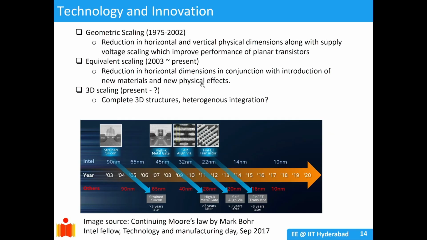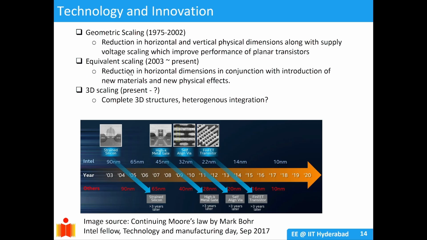So now we come to technology and innovation. Till 2002, we were only doing geometric scaling, which was reduction in horizontal and vertical dimensions, along with supply voltage scaling to improve performance of planar transistors. From there, we started doing equivalent scaling.